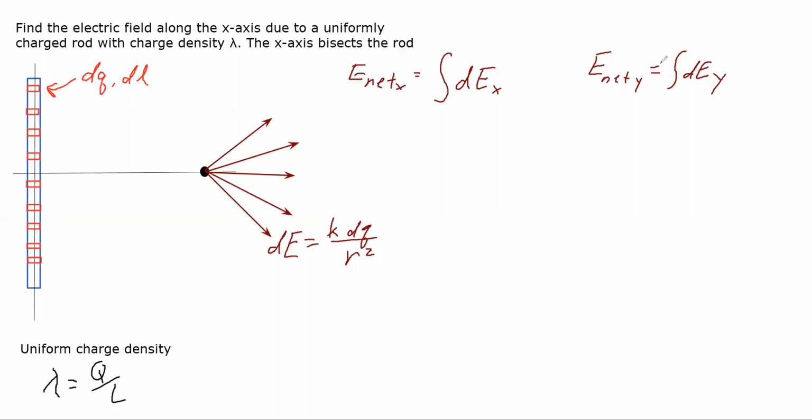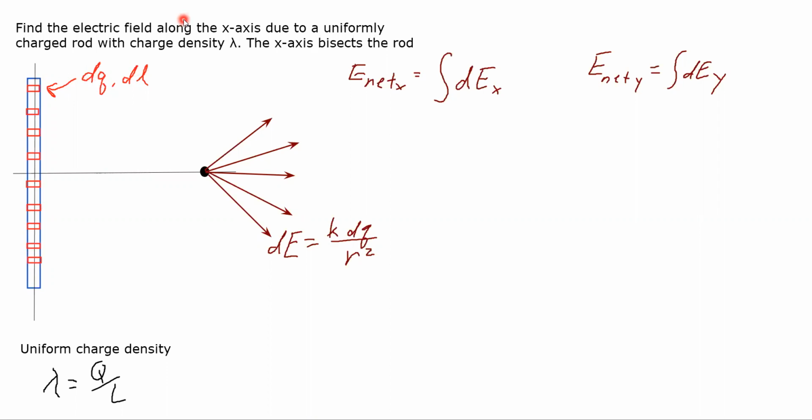And in the last video, I discussed that what we're doing with this rod is splitting it up into little charges, where each little elemental, infinitesimally small piece of the rod has a charge dq, inside this little red square here, and the length of this part of the rod we call dl.